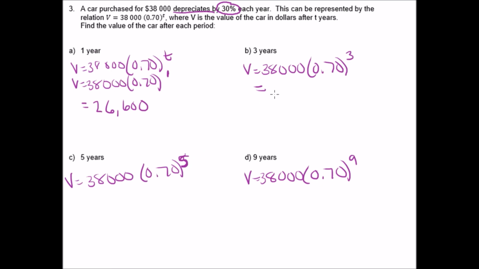After 3 years, oh my goodness, 13,034. It's not a lot of money, right? You can put a money sign on there if you'd like, or you can do that in the therefore statement. Then 6386.66, and at 9 years, we have 1533.44.